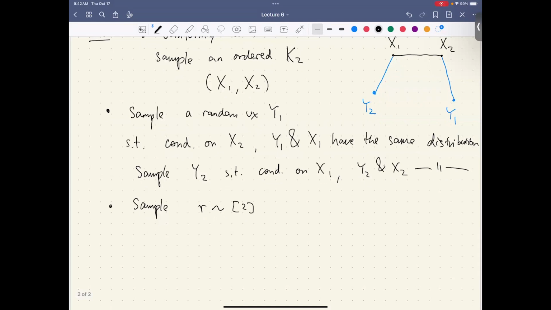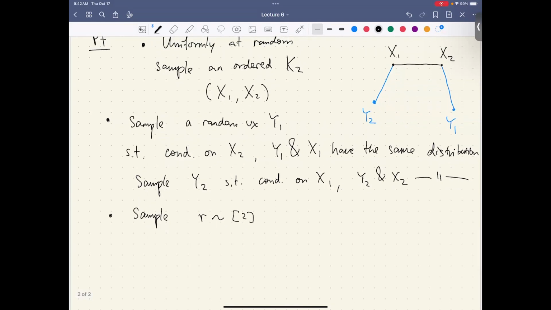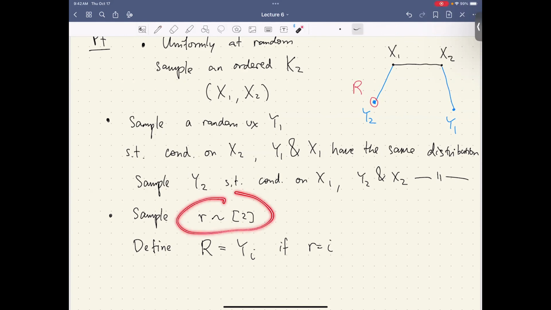This is a very simple random variable. Then we define a random vertex, let me call it U, to be Y_i if R equals i. So here's the picture. We let U be Y_2 if, when we sample R, the outcome is 2.